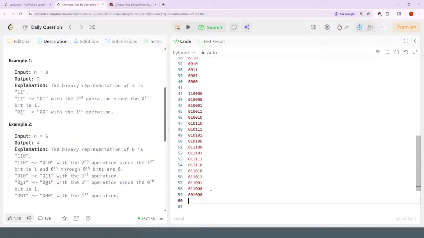This is very much the 9-ring puzzle. No, it's 1-1.